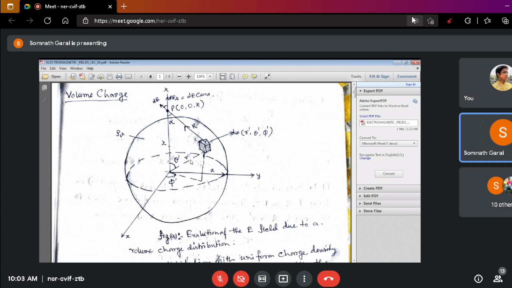Why do we do this? Because we take the vector distance r from this volume to this point. So we have to convert this cos alpha, sin theta dot with respect to capital R and small r dot. Then it will be easier for calculation.